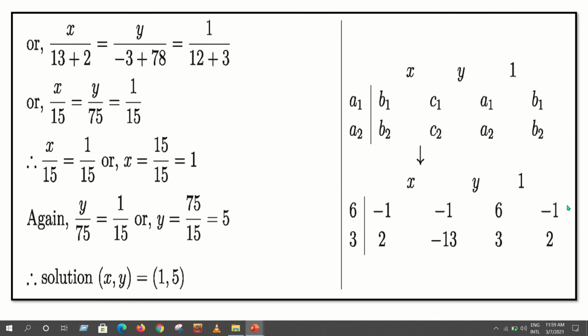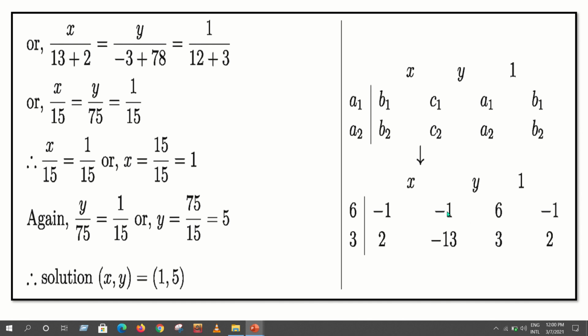Or we can apply this method, no problem. Here 1 into minus 1 into minus 13 means 13, minus formula, minus and minus of formula, all into minus 2. So here will be plus 2.